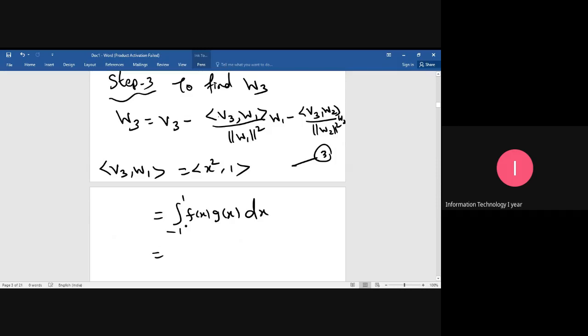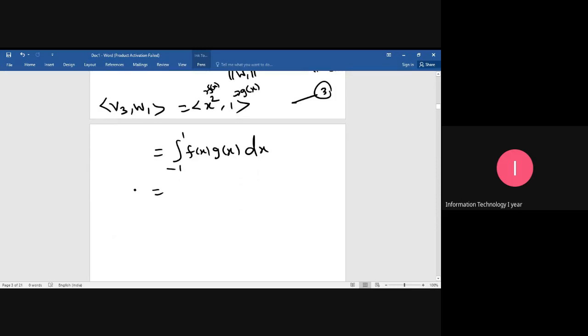Substituting x square for f of x and 1 for g of x, we find the integral from minus 1 to 1 of x square dx.